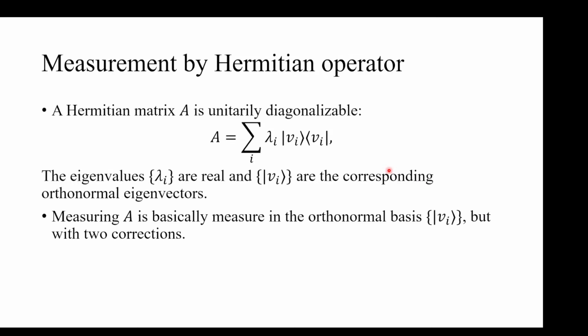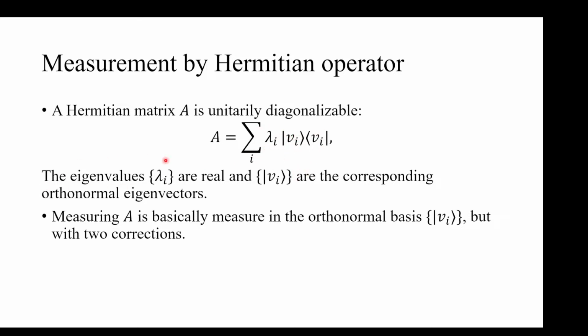Then we have measuring a Hermitian operator, which is quite like measuring in an orthonormal basis. We start by realizing that the Hermitian matrix can be diagonalized this way: A equals the summation over i of lambda i, vi ket, vi bra.